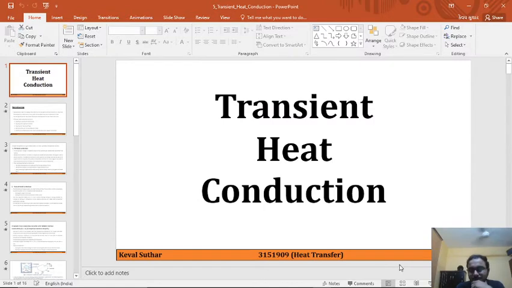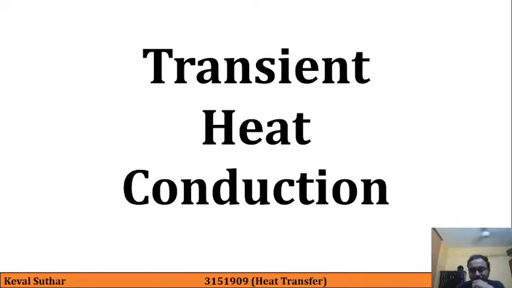So let's begin. The meaning of transient is unsteady. The previous chapter was steady state heat conduction. So this entire chapter will be unsteady state heat conduction.